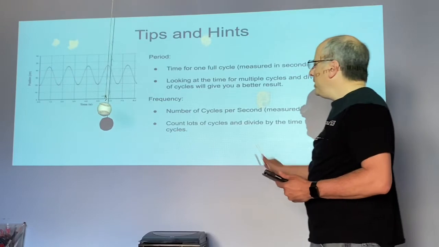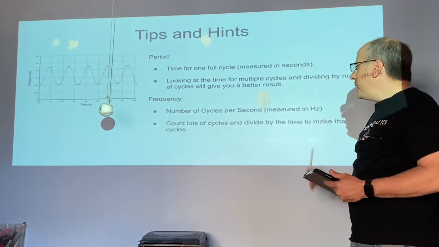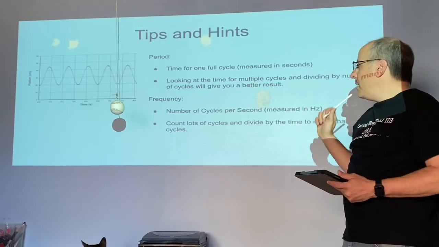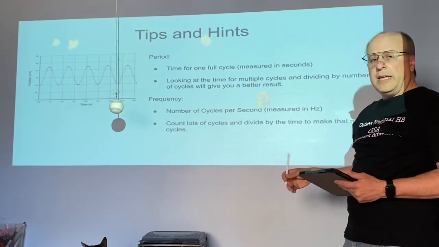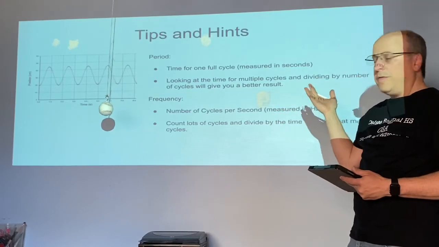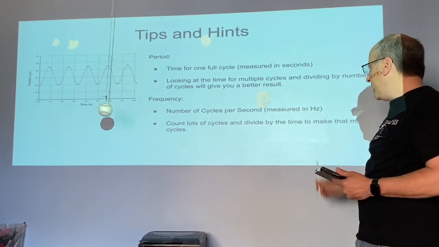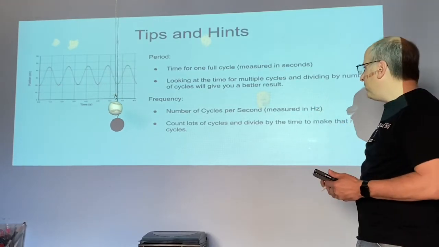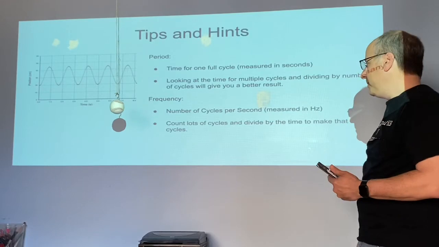The other term you need to know is frequency. Frequency tells you how many cycles there are in 1 second. And again, you'd never just time 1 second. You'd do many more seconds and then set up a ratio and figure out how many cycles there are per second. That's going to be measured in a unit called hertz, and that's going to be a very important unit in this unit.